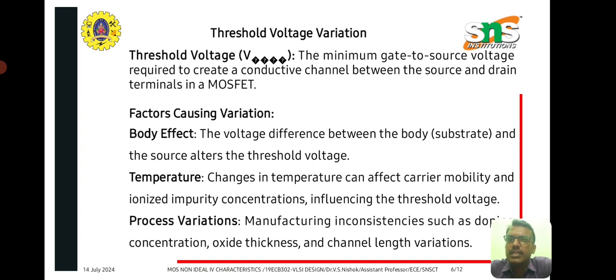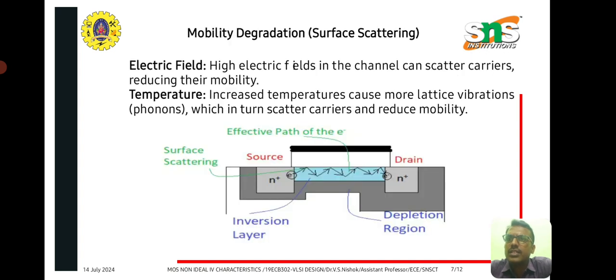The voltage difference between the body and source alters the threshold voltage. Similarly, changes in temperature can affect carrier mobility and ionized impurity concentration, influencing the threshold voltage. And the manufacturing process variations also influence the threshold voltage.